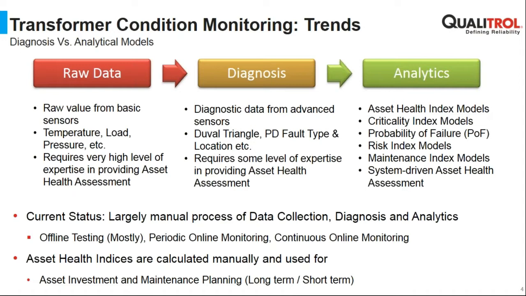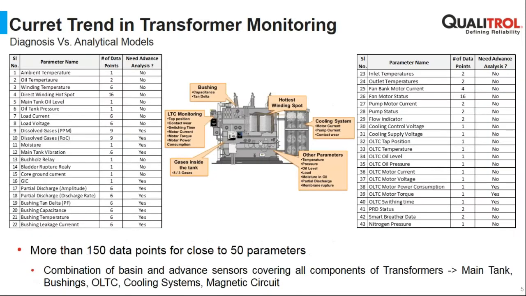These analytics involve asset health index models, criticality index models, probability of failure, risk index models, and maintenance index models, and at present most of these are largely a manual process. Utilities collect offline testing data, periodic online monitoring data, and continuous online monitoring data, manually calculate the asset health indices, and finally utilize these indices in long-term maintenance and asset investment planning.